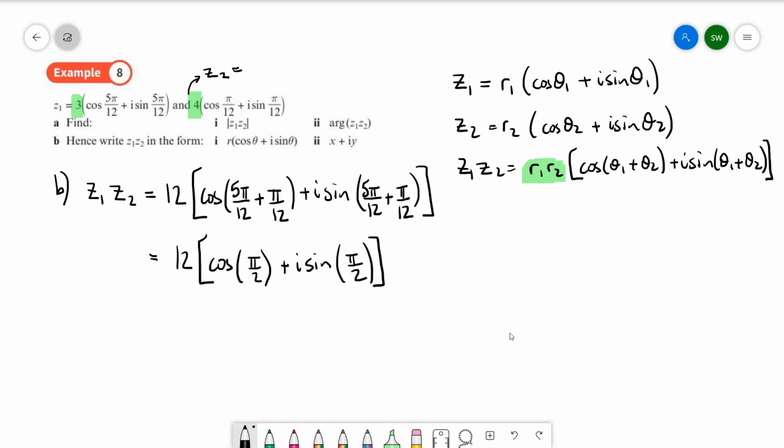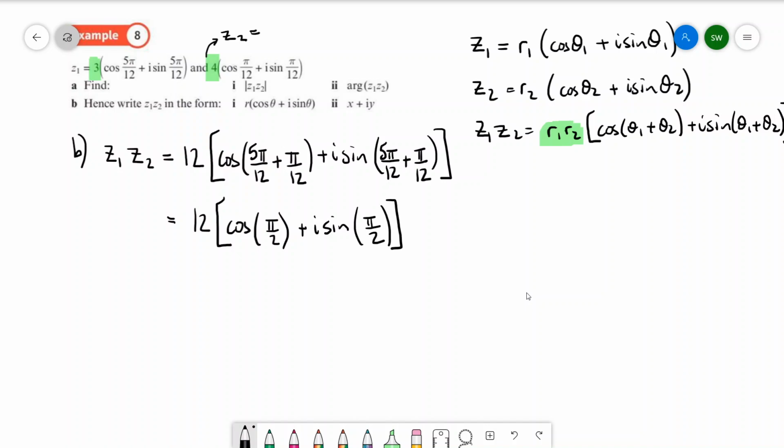Okay, and then for part 2, we've got to write this in this x plus iy form. So we're going to make it really clear what's the real part of this complex number and what's the imaginary part of the complex number. If you've got a complex number which is in modulus argument form and you want it in this form, x plus iy, then all you need to do is expand out the bracket.